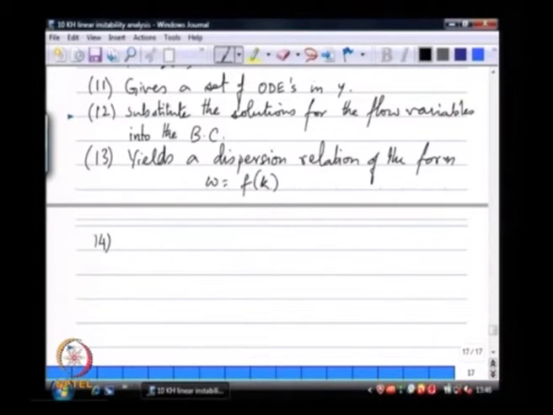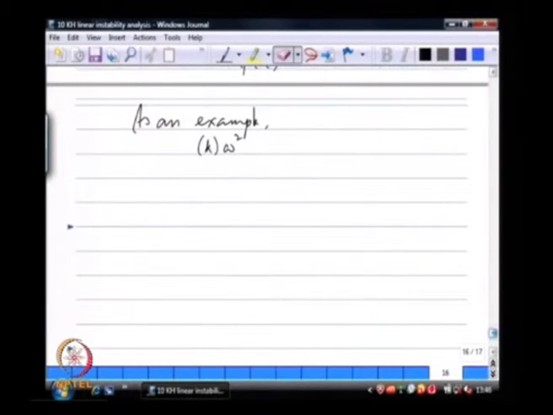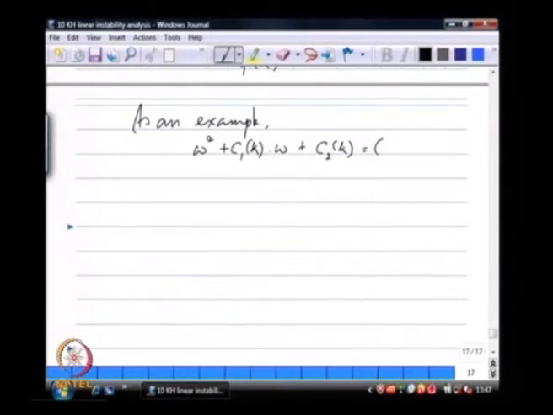Okay. Again, as an example, what we had was, actually, we did not have C1 of k. We had omega squared plus C1, which is a function of k, times omega, plus some C2 of k equal to 0.